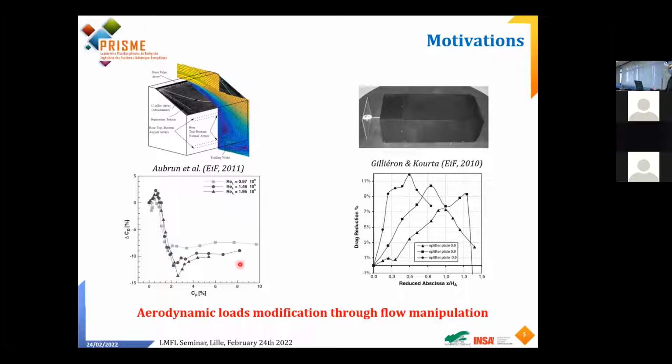So you can see that we can reach more than 10% drag reduction quite easily using this type of system. And here is another example done at Orléans with separation plates at the rear part of the car, where again you can achieve about 10% drag reduction with these simple systems.